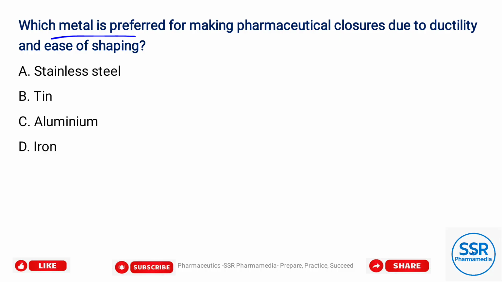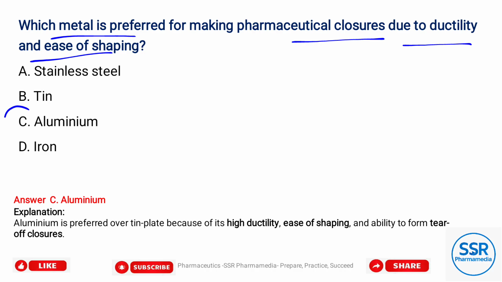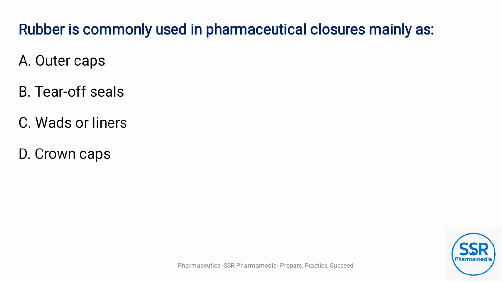Which metal is preferred for making pharmaceutical closures due to ductility and ease of shaping? The answer is option C, aluminum. Aluminum is preferred over tin plate because of its high ductility, ease of shaping, and ability to form tier closures.